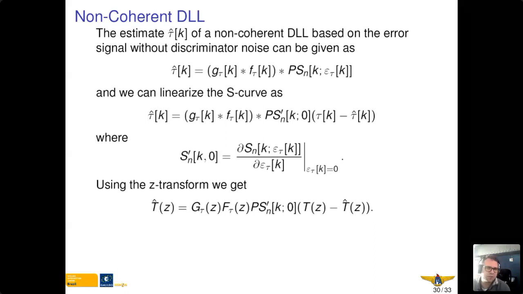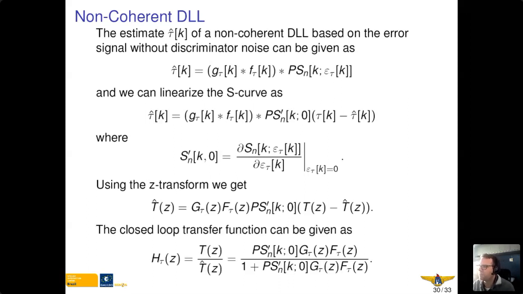We have to be careful with the Z transform, because theoretically the Z transform of Gaussian noise does not exist. So using the Z transform now, as there's no noise involved, we can write the complete transfer function of the loop, or the behavior of the loop in the Z domain.